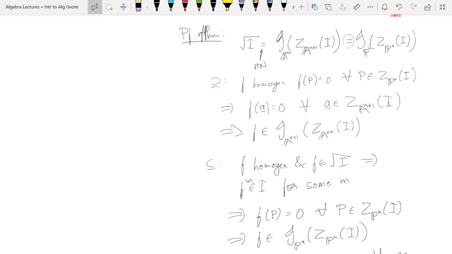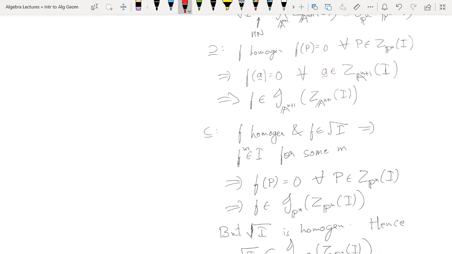So f^m(p) is going to be 0 for all points in Z_{P^n}(I), by definition of Z_{P^n}(I). Remember, Z_{P^n}(I) is the set of all points where every homogeneous polynomial of I vanishes.